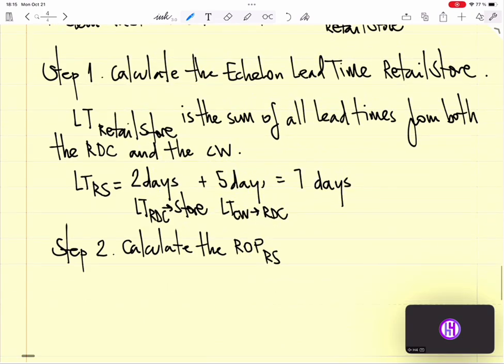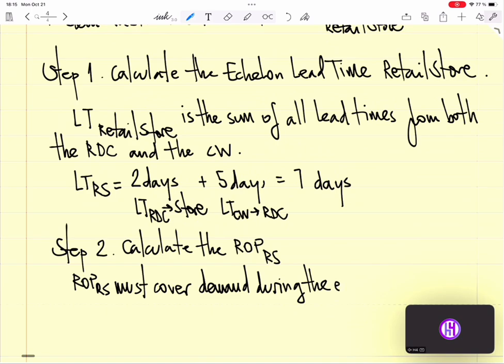So the reorder point at the retail store must cover demand during the entire echelon lead time. The echelon lead time, 7 days, is the time it takes to get inventory from order to the retail store, right?